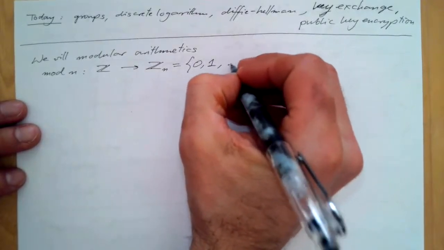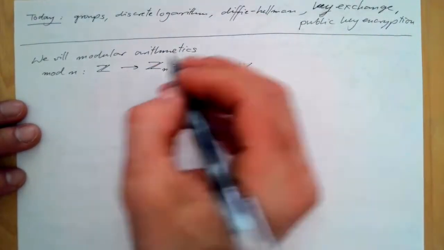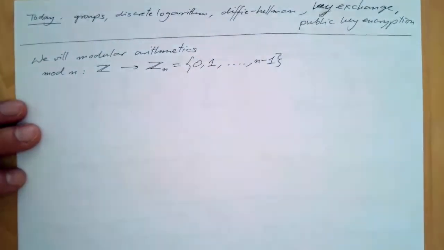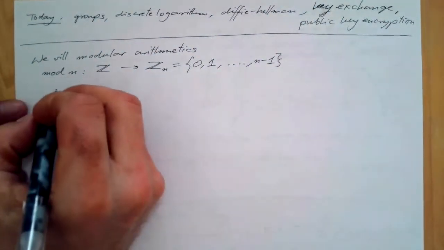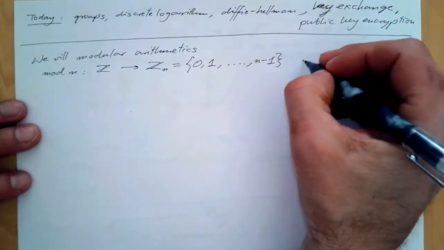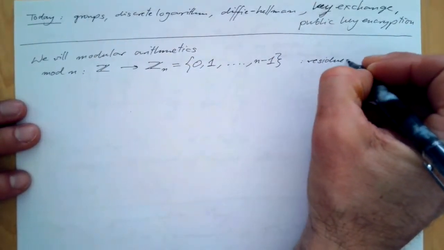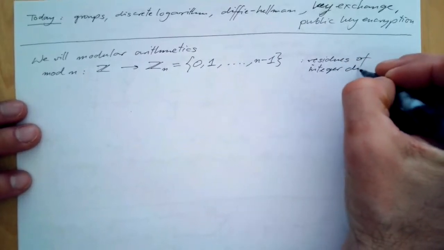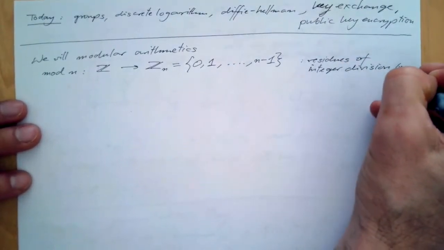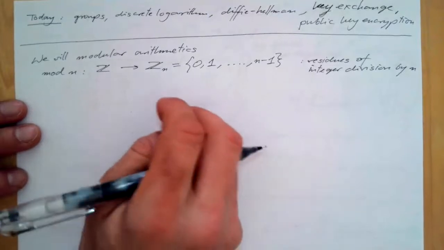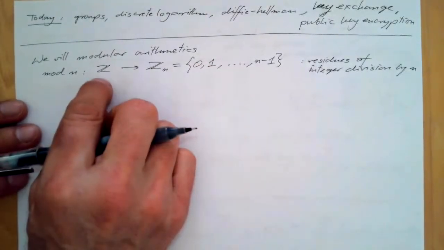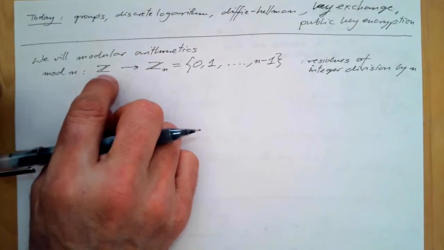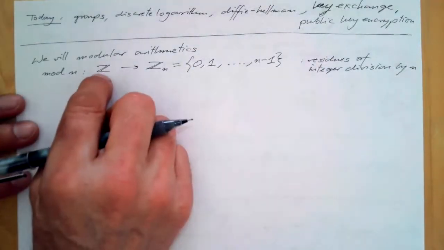It's a set of integers that result from modular residues of n. There are n of them. So these are residues of integer division by n, right? In the integers, I can add, subtract, multiply, but when I divide, I go out of this set of integers.